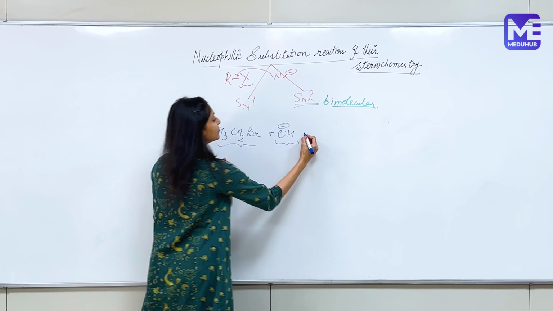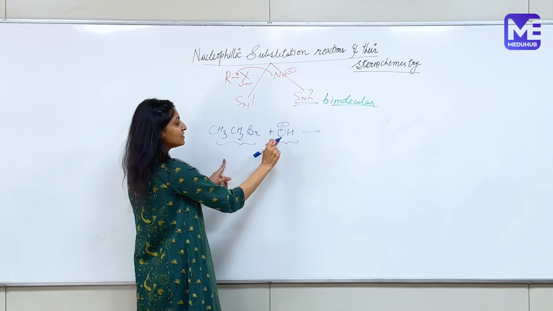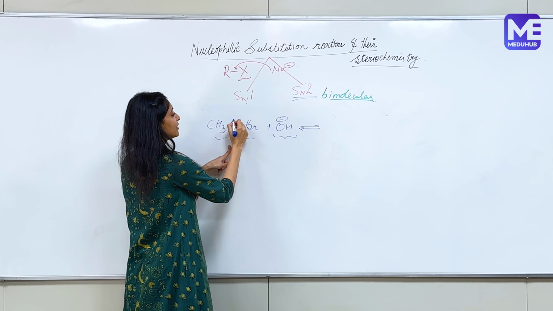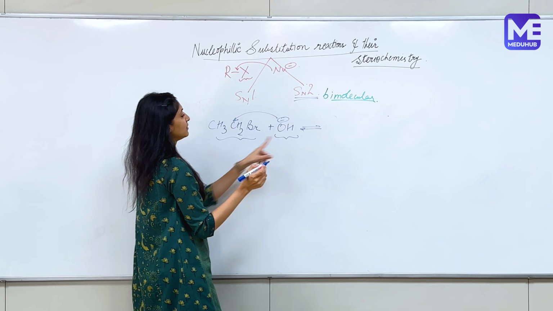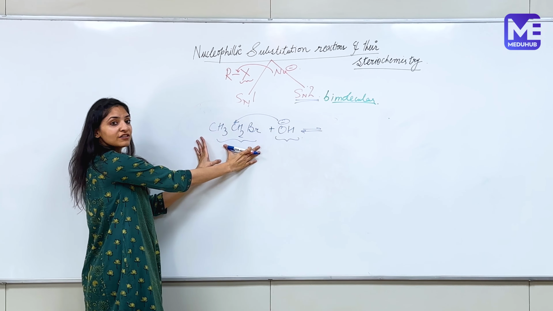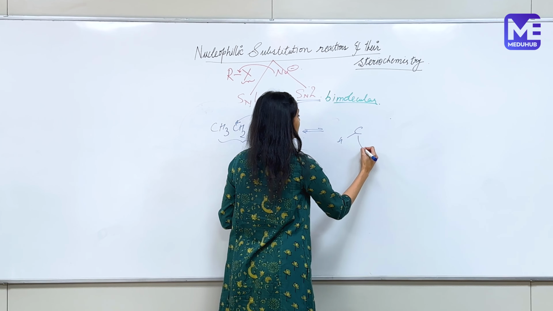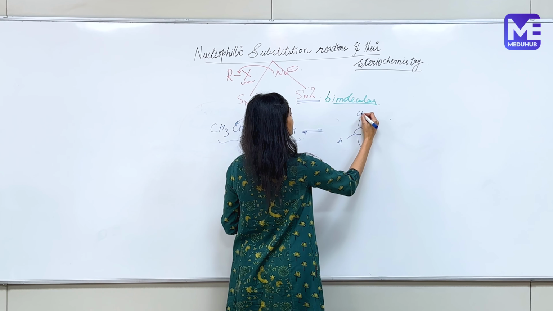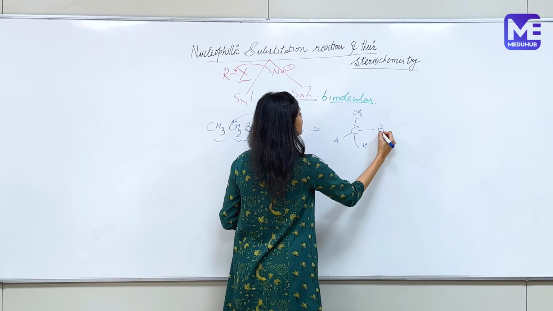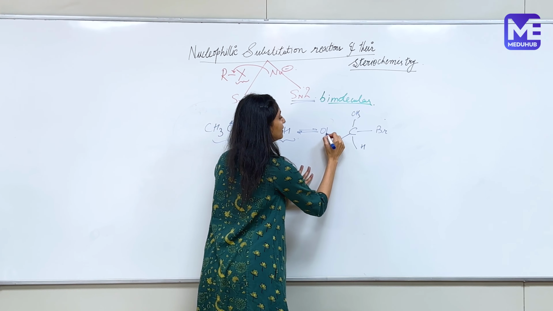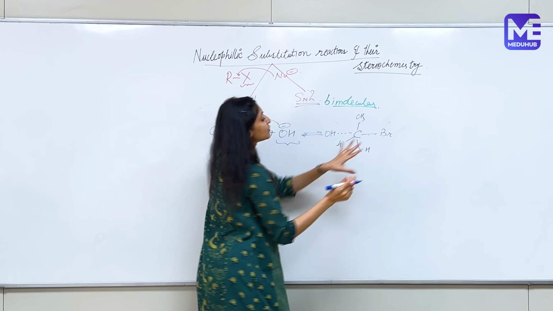Now in this reaction, since it is proceeding via an SN2 mechanism, what will happen? The nucleophile will attack this alpha carbon here. This right now has a tetrahedral geometry. What will happen here? The bond between C and Br is here, and the nucleophile will attack from the opposite side.